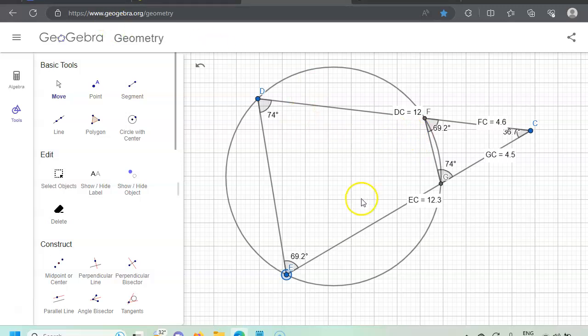Alright, so the sum of these two angles is 180. And then we can see here that angle DFG and angle DEC are opposite angles in the cyclic quadrilateral, so they are also supplementary.